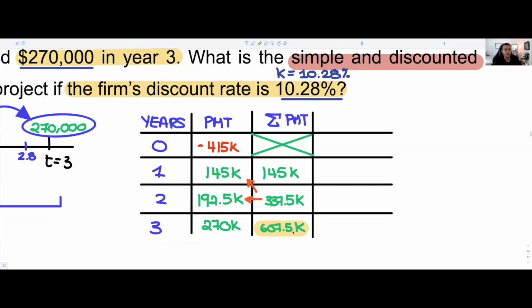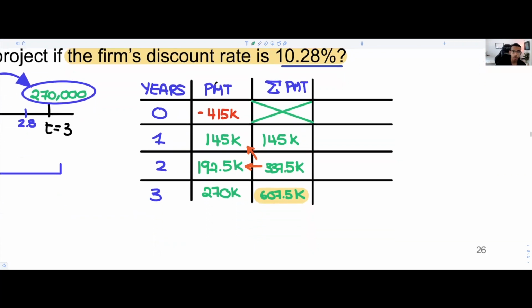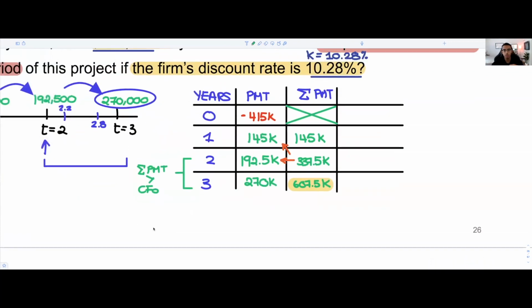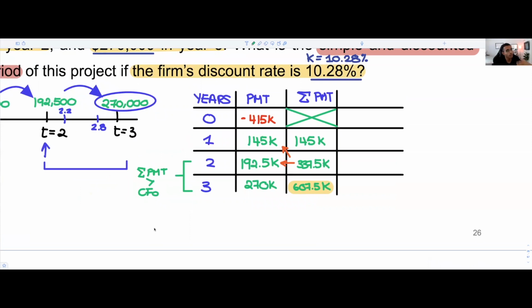So we know that between year 2 and year 3, we were able to surpass our original investment. Okay, so we could go ahead and maybe highlight this here. So essentially, the sum of your payments is greater than your original investment. So just like that, you are able to surpass your original investment, and we know that it's going to be between year 2 and year 3.